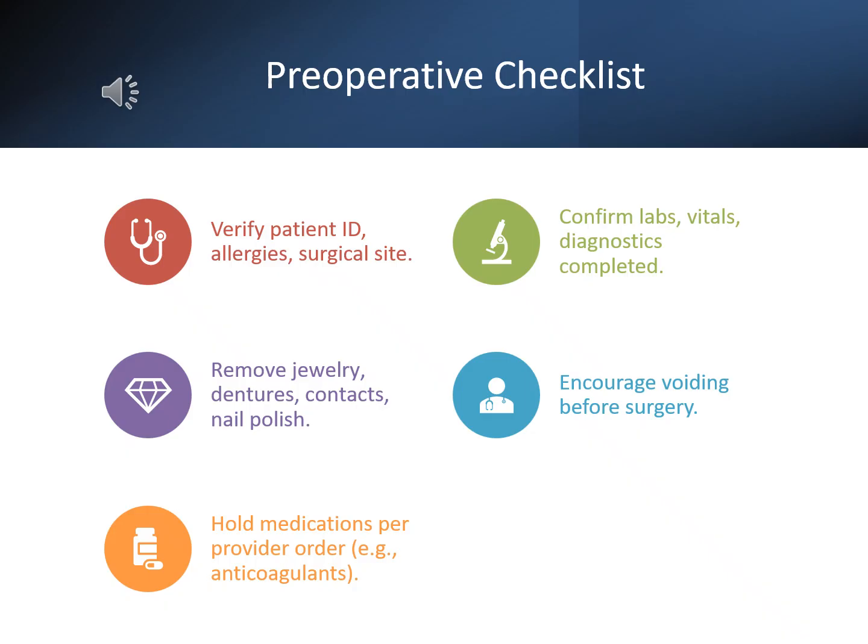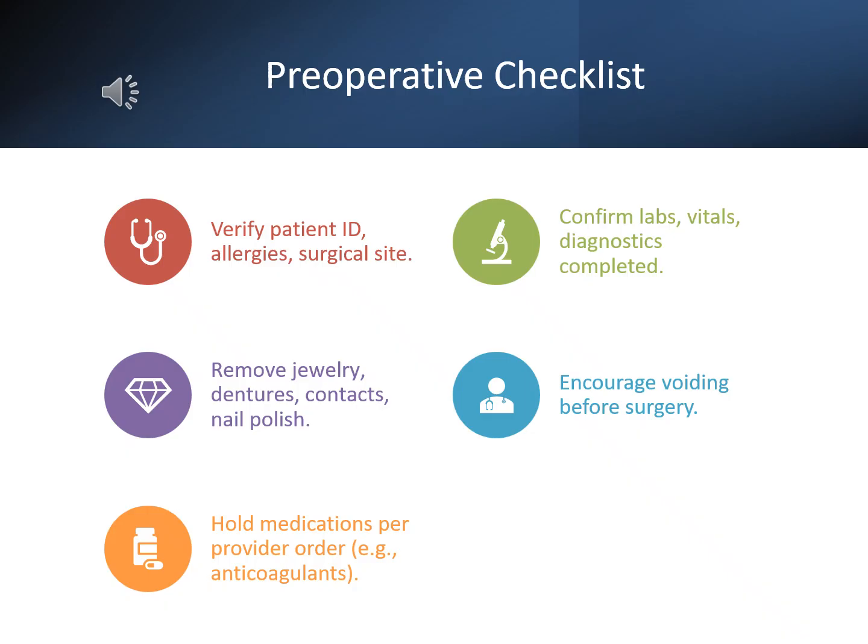for surgery. We also want to make sure to do our patient belongings list, right? Making sure that they remove any jewelry, take out dentures, remove glasses, make sure they have no contacts in. We remove nail polish, artificial nails, anything like that so that they can get a good oxygen reading.